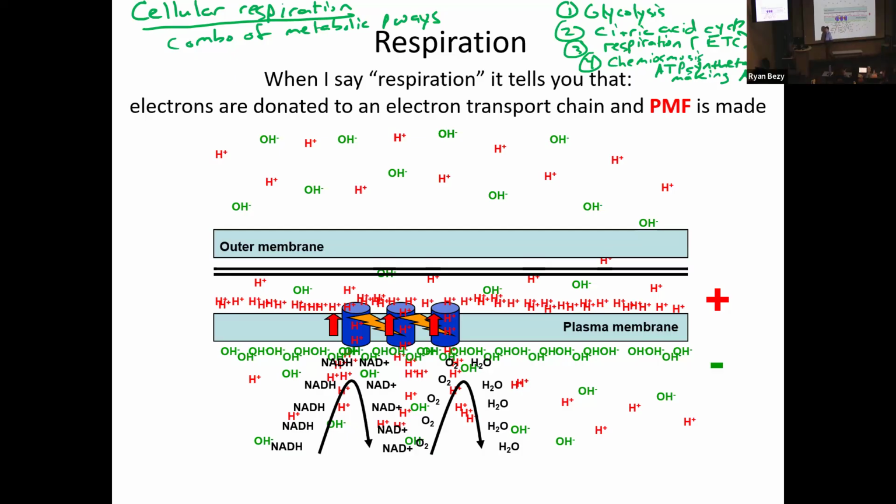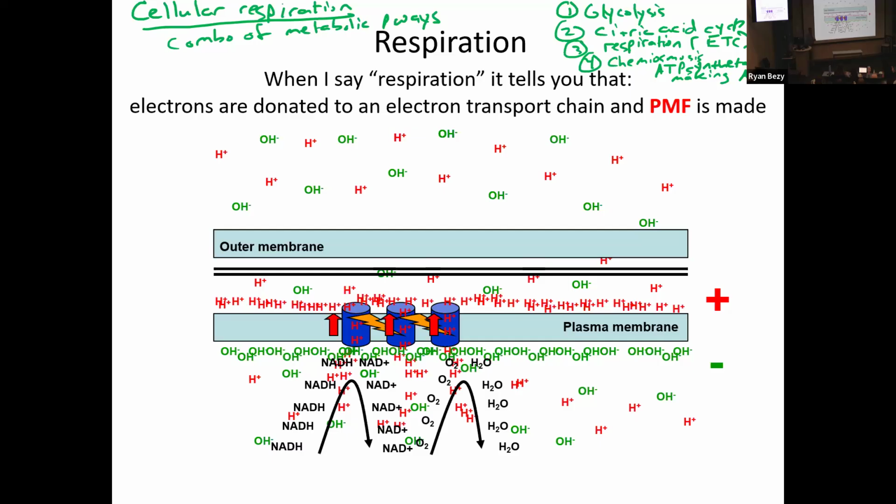They go all the way from glucose, glycolysis, citric acid cycle, to respiration, to what's called chemiosmosis, which is then using ATP synthetase. Questions about that? Okay. Respiration by itself is just this part.